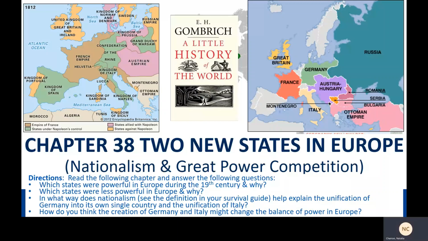Which states were less powerful and why? In which way does nationalism help explain the unification of Germany into its own single country and the unification of Italy? And how do you think the creation of Germany and Italy might change the balance of power in Europe?